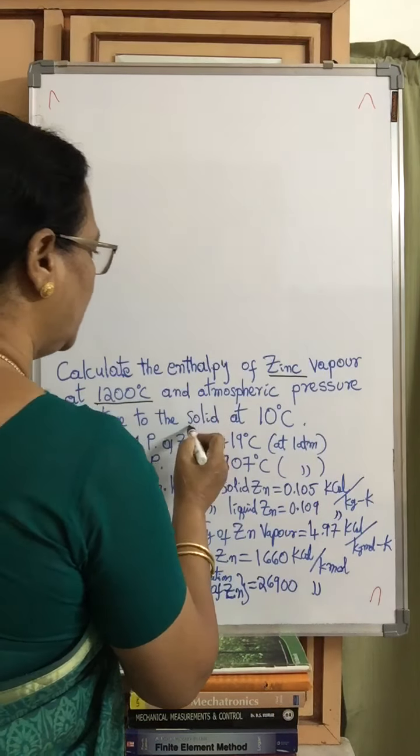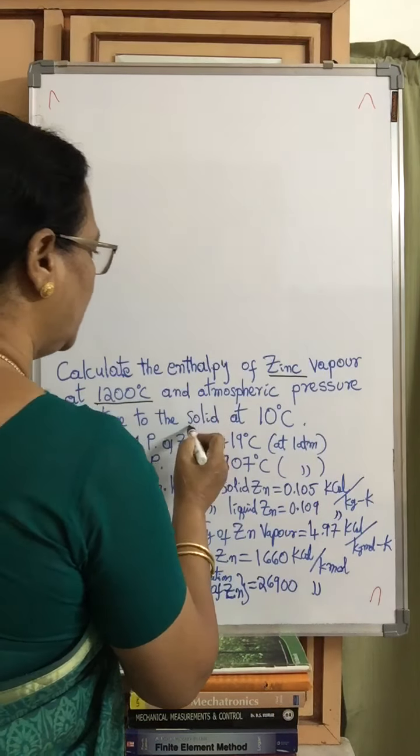10 degrees centigrade? That means initially we have solid zinc at 10 degrees centigrade. We are supplying heat to this. Initially we have solid zinc at 10 degrees, relative to the solid at 10 degrees centigrade.